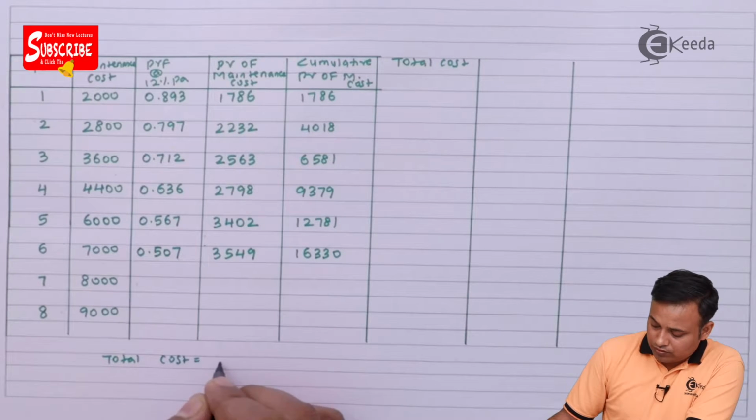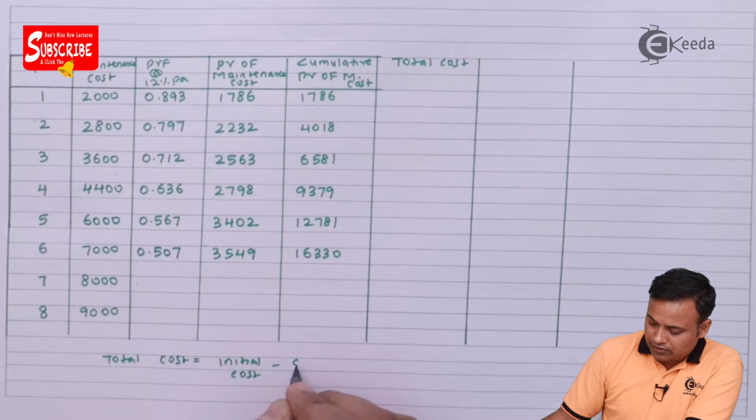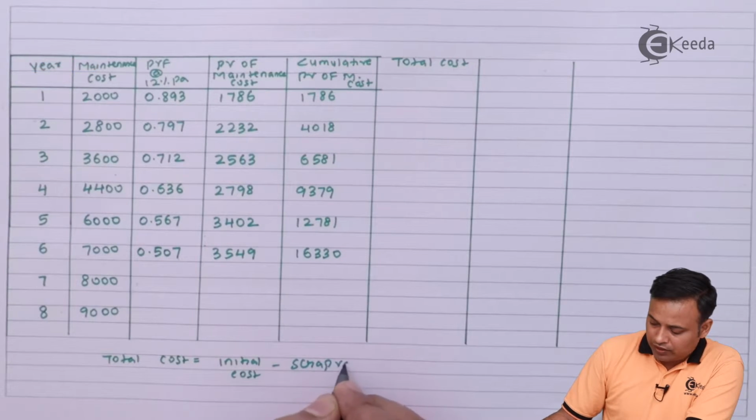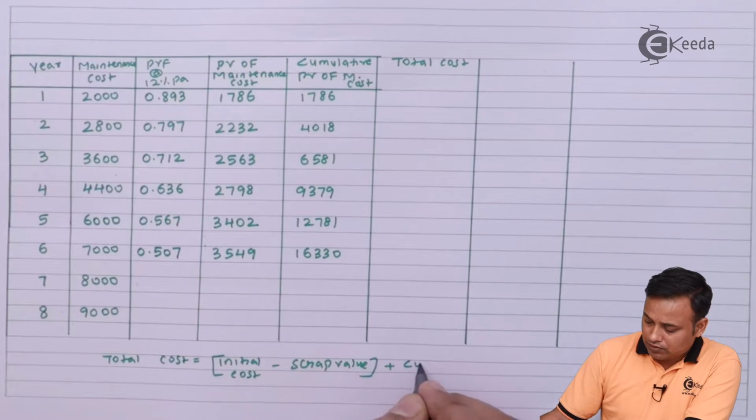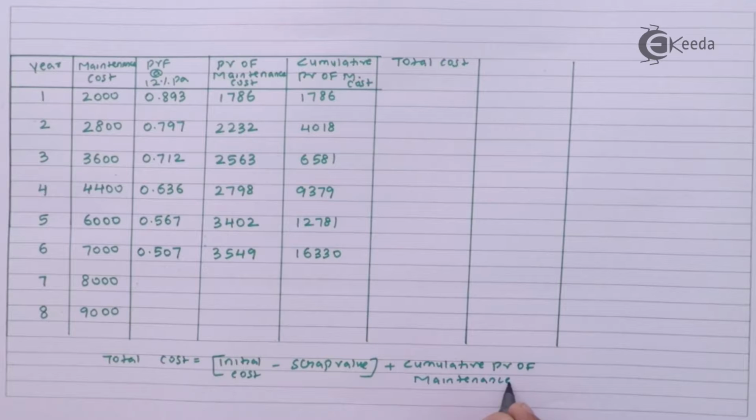Total cost will be initial cost of the machine minus any scrap value plus cumulative present value of maintenance cost.